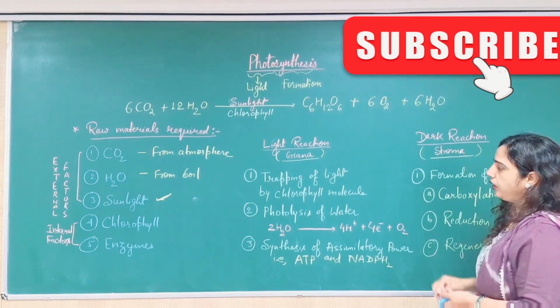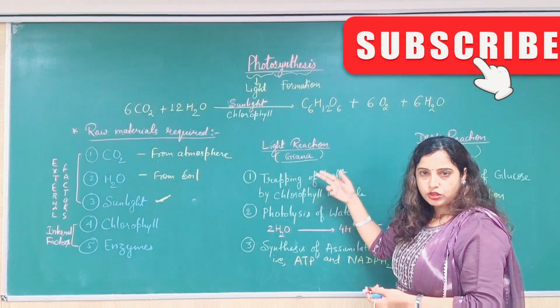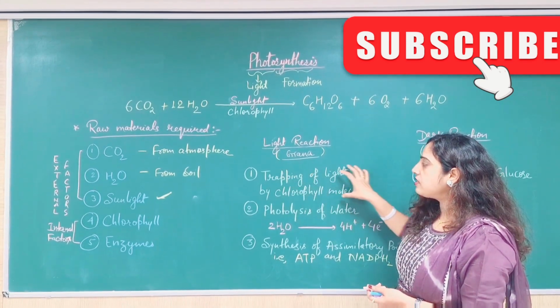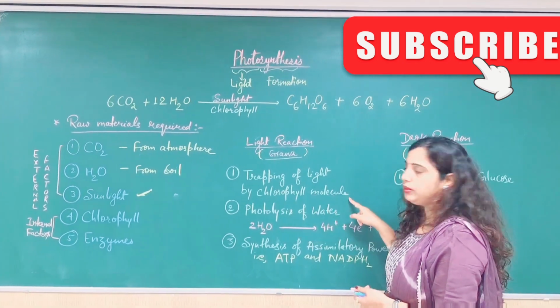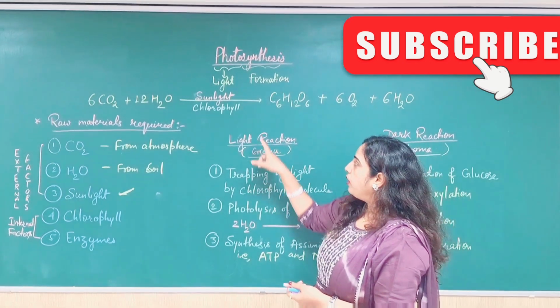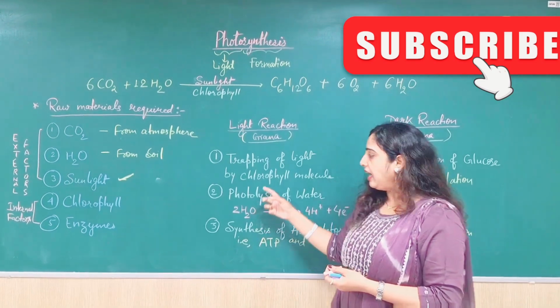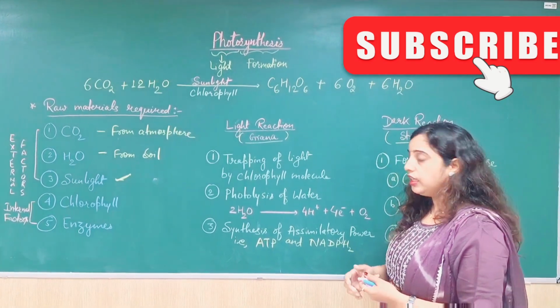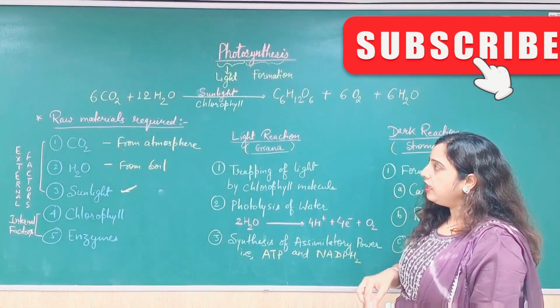Now we are going to cover the different steps of light reaction. The first step of light reaction is trapping of light by the chlorophyll molecule. The chlorophyll is a chemical which traps the sunlight and the electrons get excited. Now initially I told you that we get oxygen from the plant.